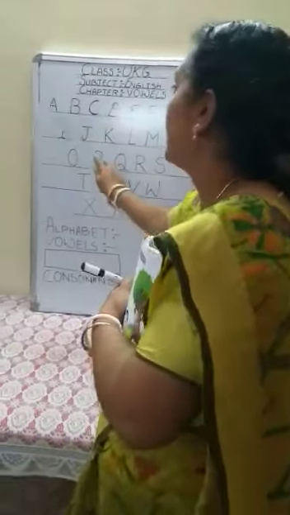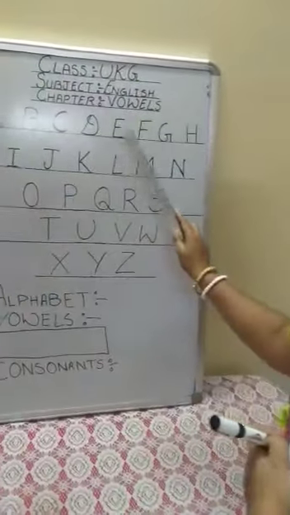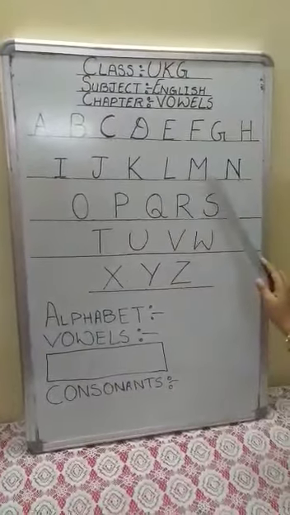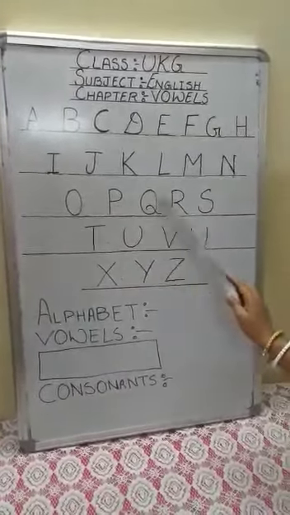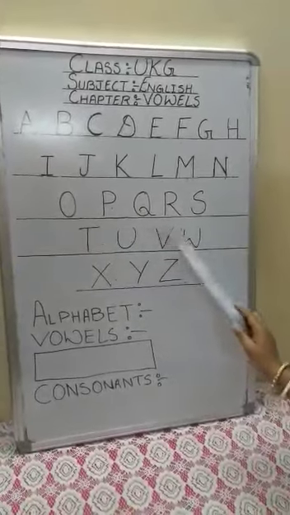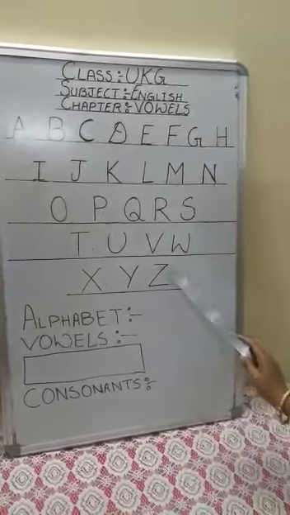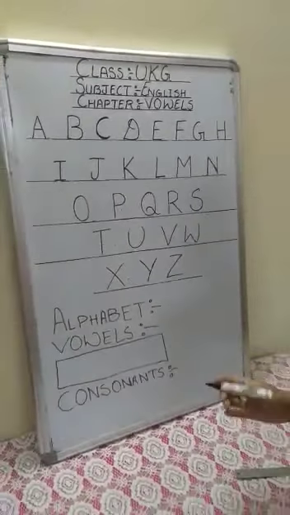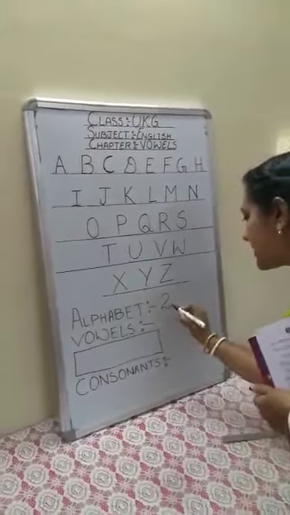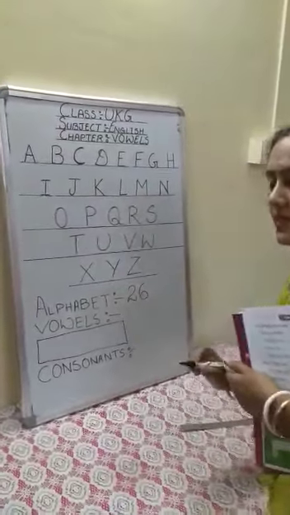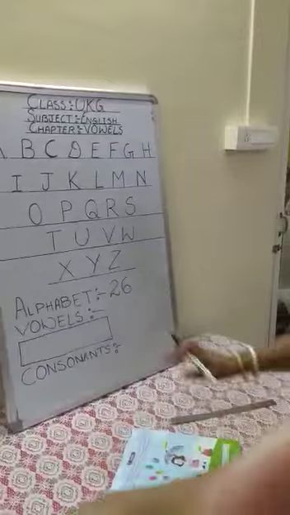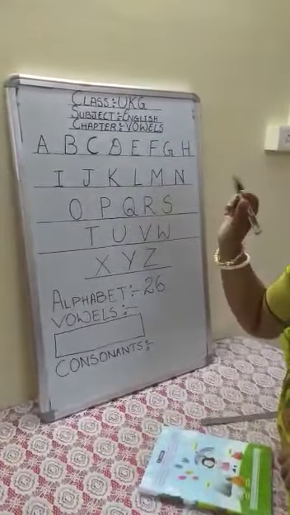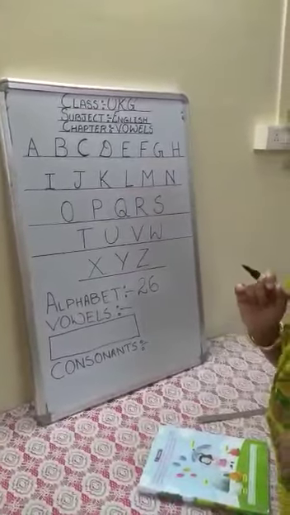They are A, B, C, D, E, F, G, H, I, J, K, L, M, N, O, P, Q, R, S, T, U, V, W, X, Y and Z. So how many alphabets are there? There are 26 alphabets.